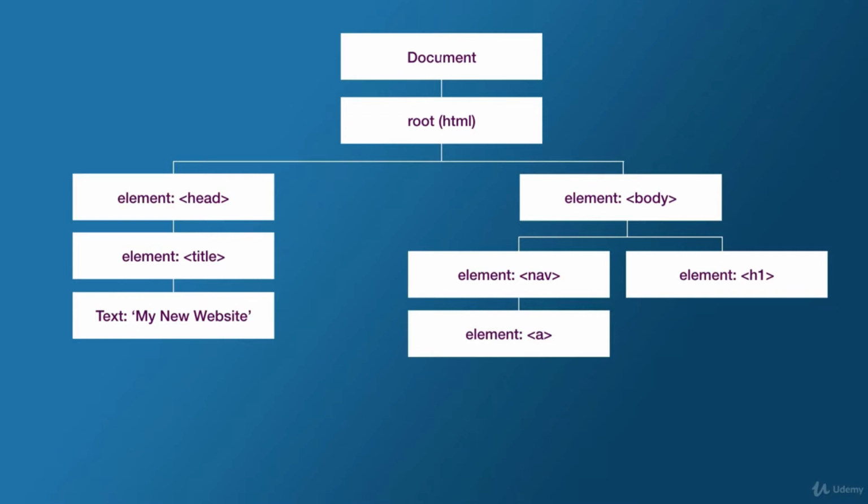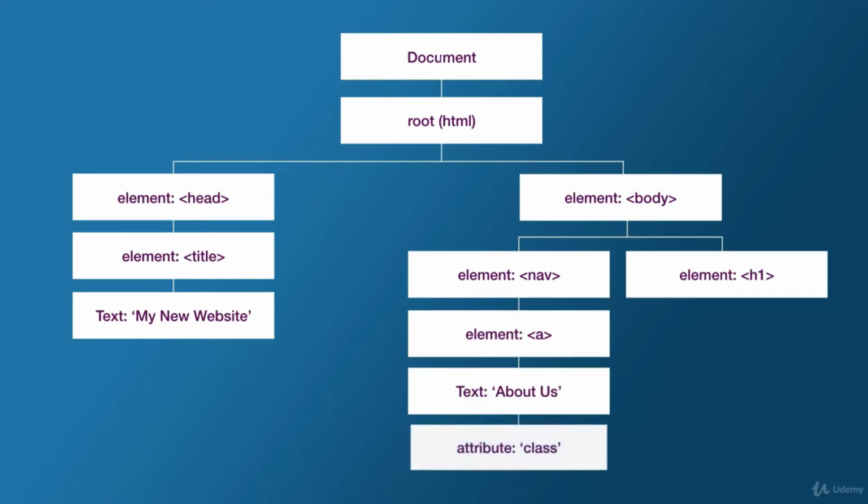Again, this is going to be a tag, so it's going to be an element. And inside this anchor, you are going to have a text for this anchor. This is going to be referred to as the text. In case you add, for example, a class into your anchors, this is going to be an attribute.